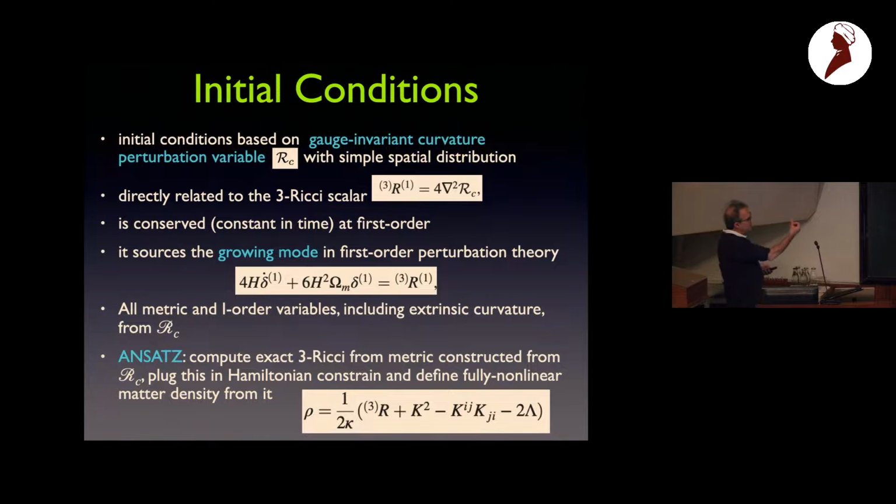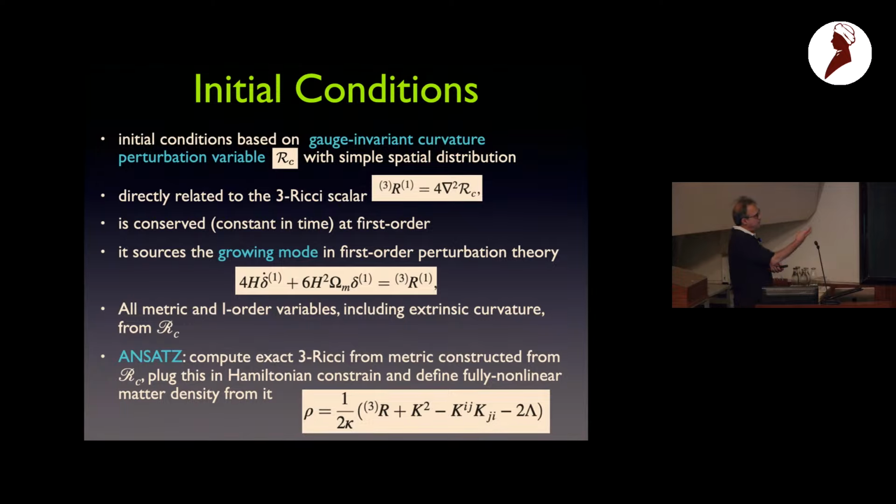So instead of using the traditional second-order equation for delta, you can use a first-order inhomogeneous equation for delta, where you use the useful fact that R is a constant.